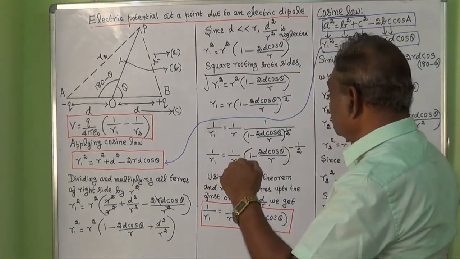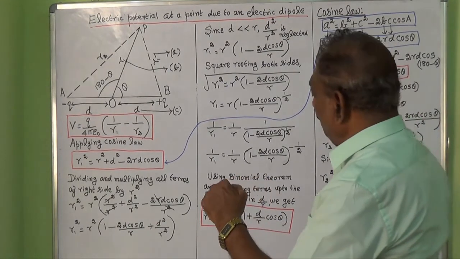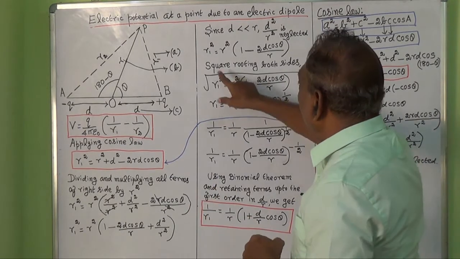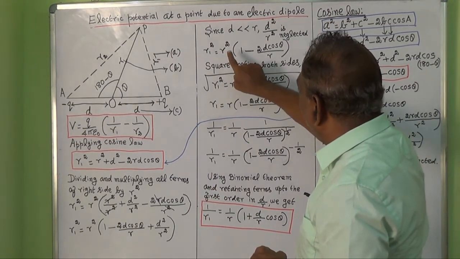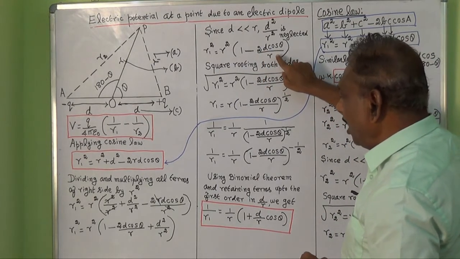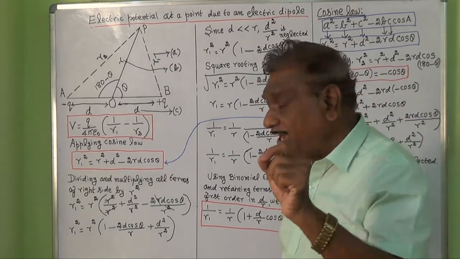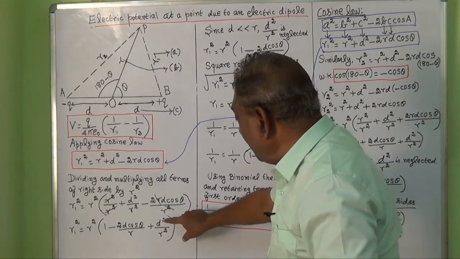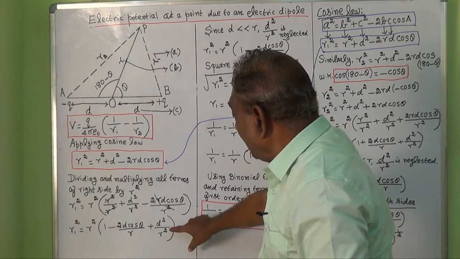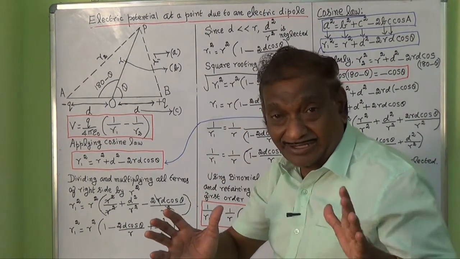As a next step, we are going to write R1 square as r square into 1 minus 2d cos theta by r. What happened to the term d square by r square? The d square by r square has been neglected.